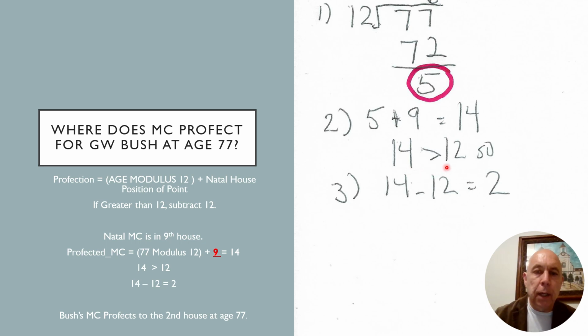So 14 is greater than 12, so we have to subtract 12 from it. So 14 minus 12 is 2. So at age 77, Bush's MC perfects to the 2nd house. Okay, so if you want to, take a moment to look that over. It's pretty simple. And we're going to do a couple other examples.